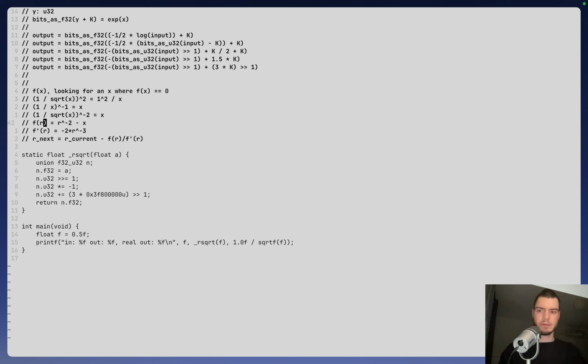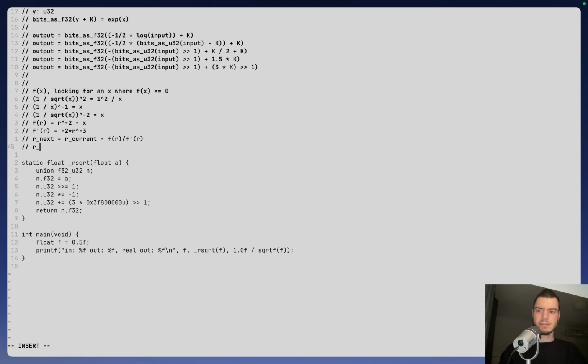It's not a function variable. So this is our derivative. So let's just write all of this down.